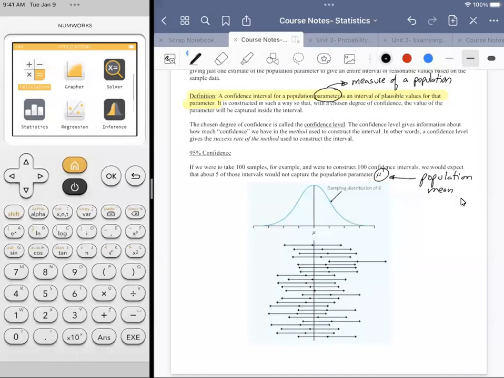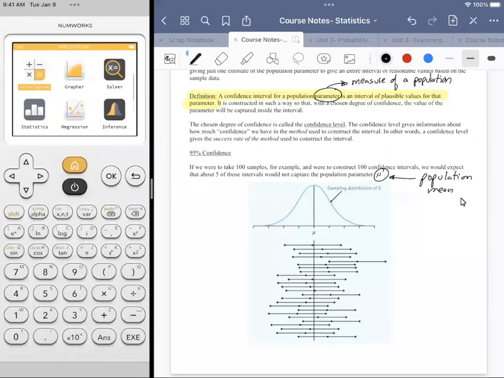What this is saying is that if we create intervals involving sample means, they're going to fluctuate depending on the sample that you select. Some of them are going to be more extreme than others, but in general, they're all going to be somewhat centrally located. The number out of 100 that capture the actual population mean dictates the confidence level.